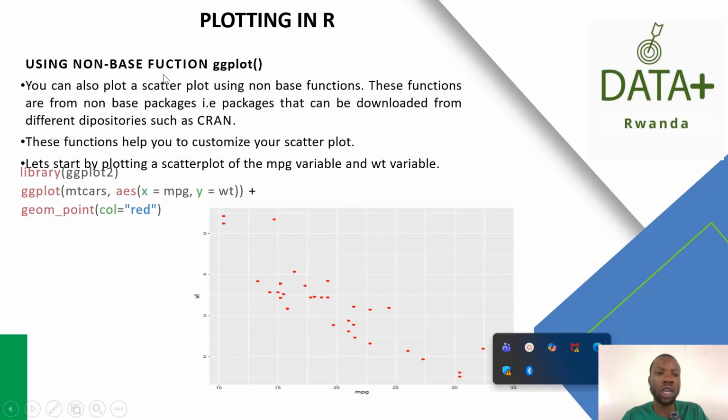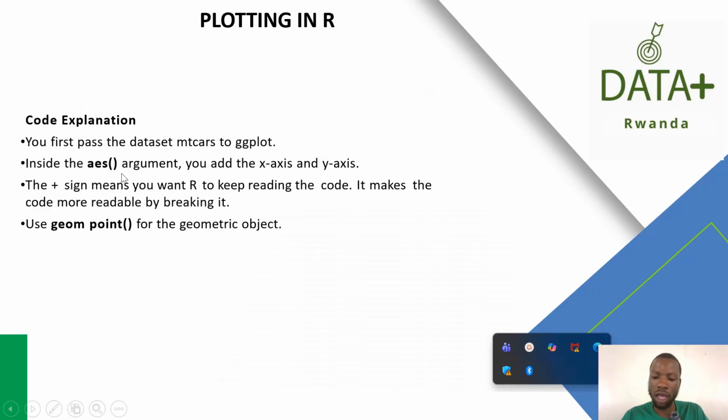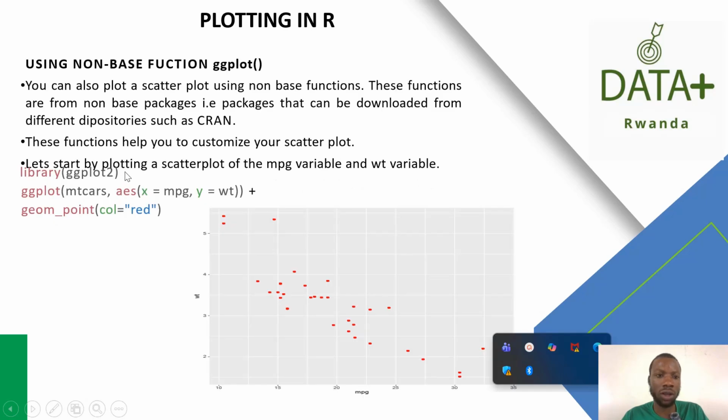So using a non-base function like ggplot, you can also plot the scatter plot. As we are saying, we can use the ggplot library to make better charts, and that's what it is. Most users prefer to use ggplot because it produces good charts.